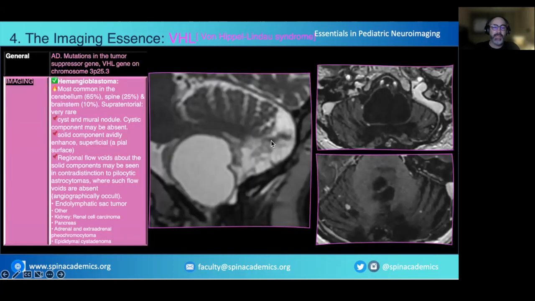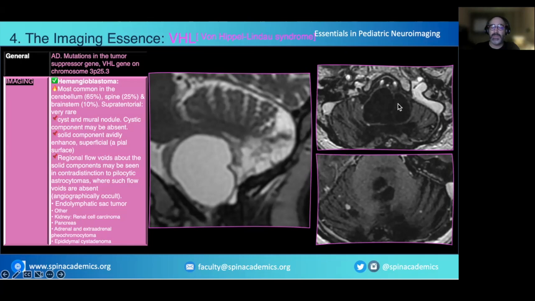Finally, the fifth big type is the von Hippel-Lindau syndrome, an autosomal dominant gene implied in chromosome 3, and the most common feature are hemangioblastomas.